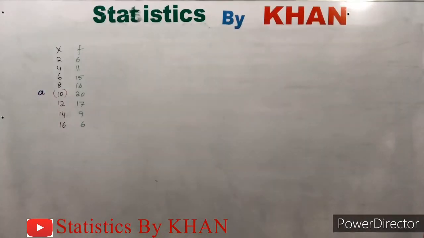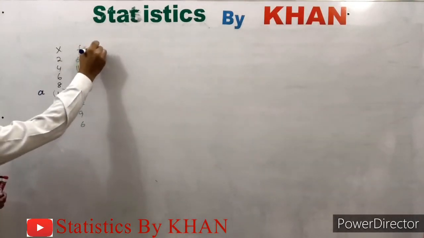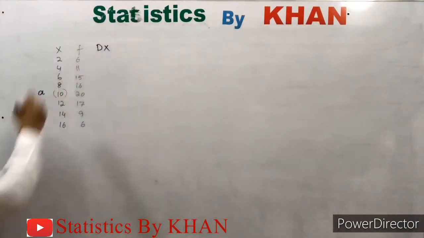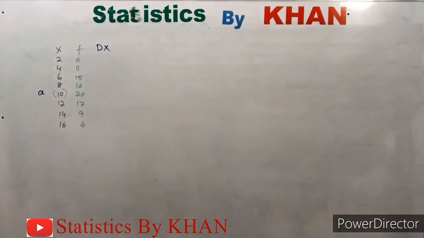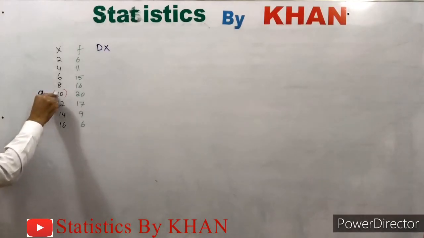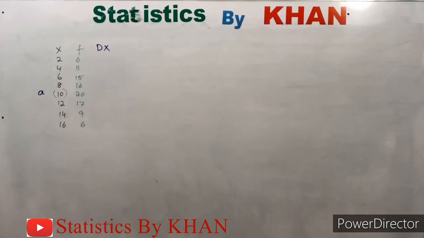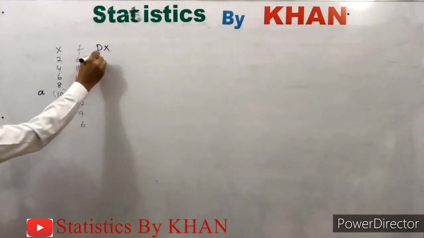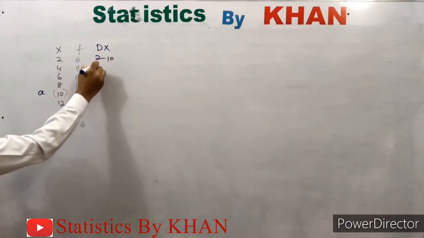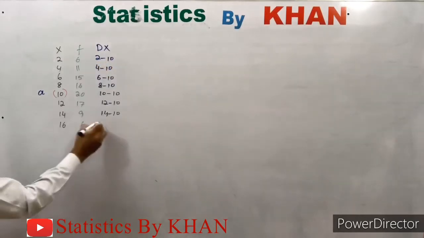Now for this data set, we will find the difference column, that is the difference of x, D for difference. What do I mean? I will subtract this provisional mean, this arbitrary mean, from each value of x. So 2 minus 10, 4 minus 10, 16 minus 10.